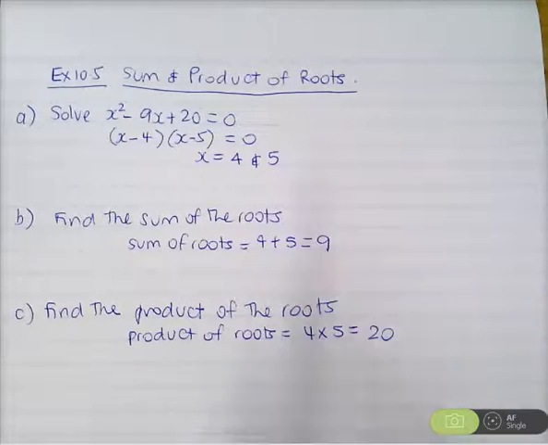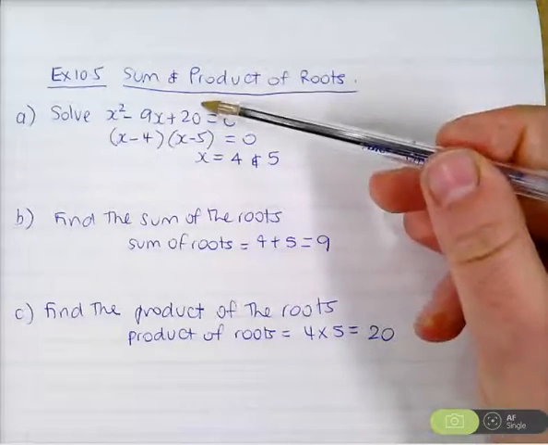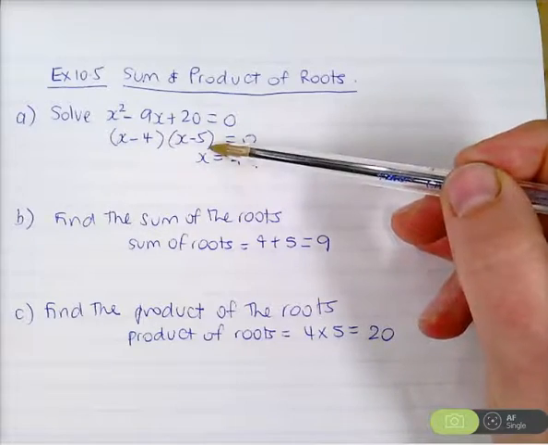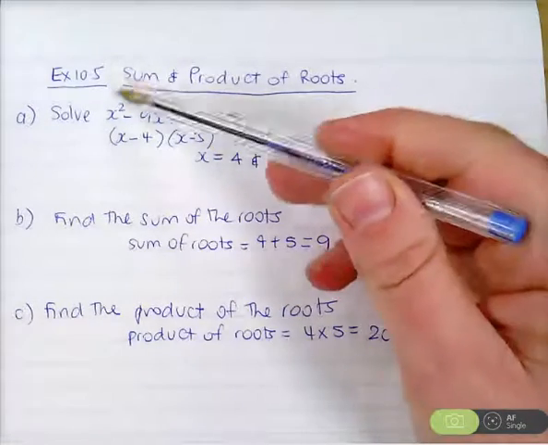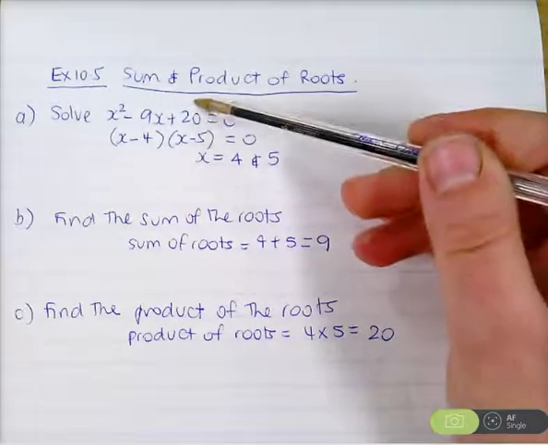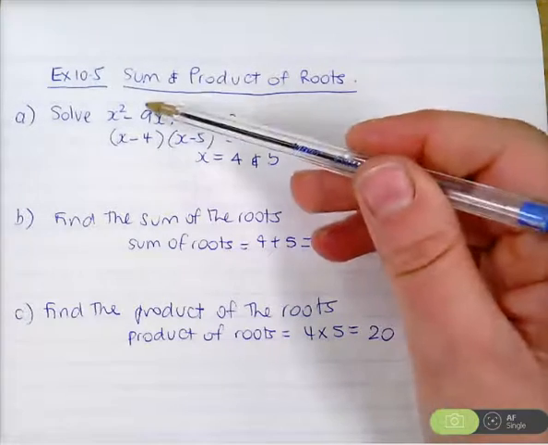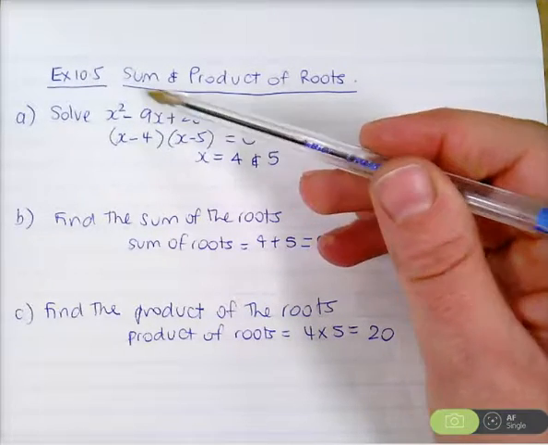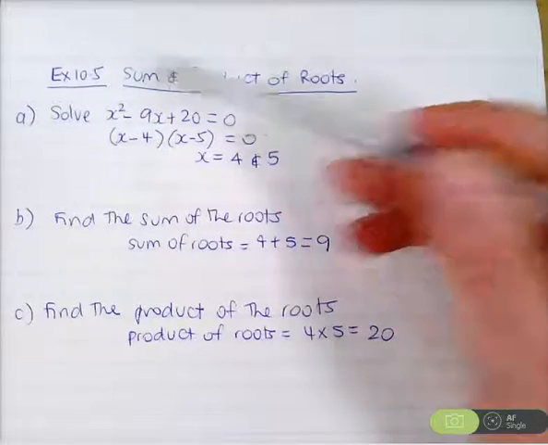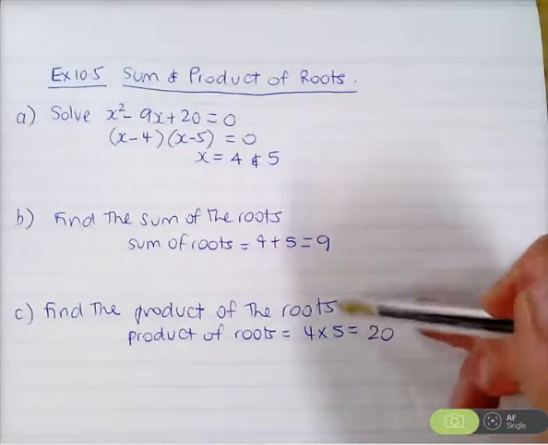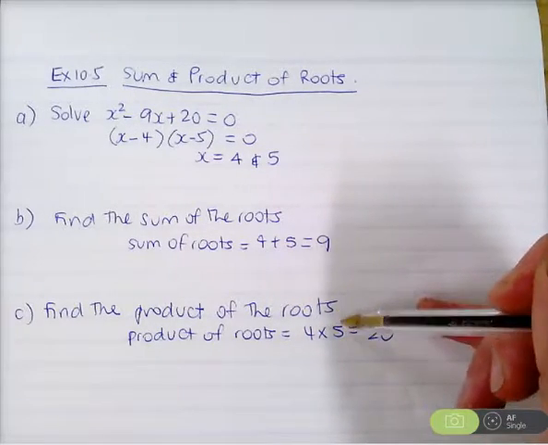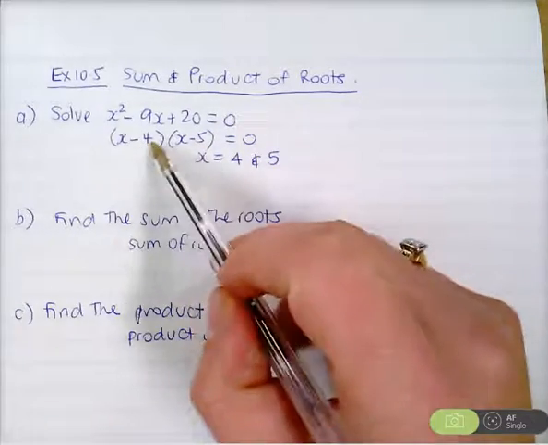But girls, when you come to solve this quadratic equation and you factorize it, don't you say what two numbers multiply to give 20 but add up to give negative 9? We've got negative 5 and negative 4.